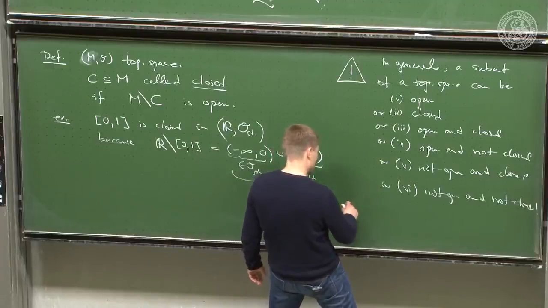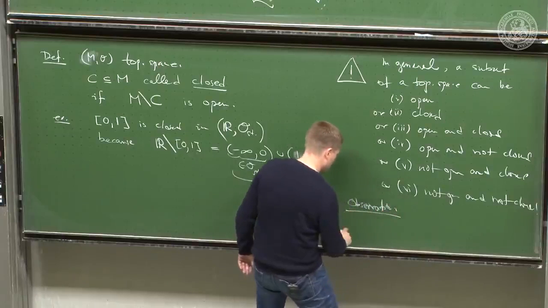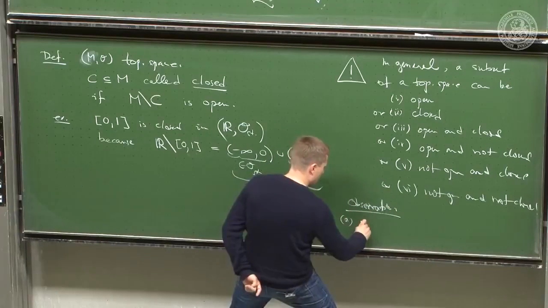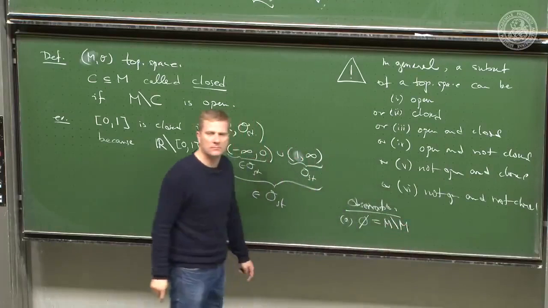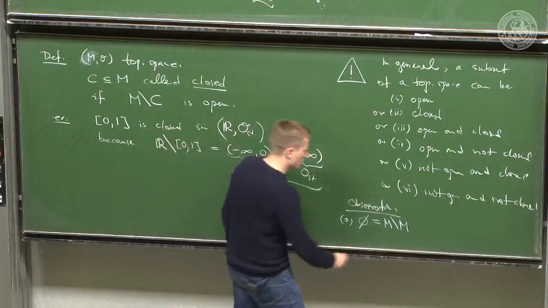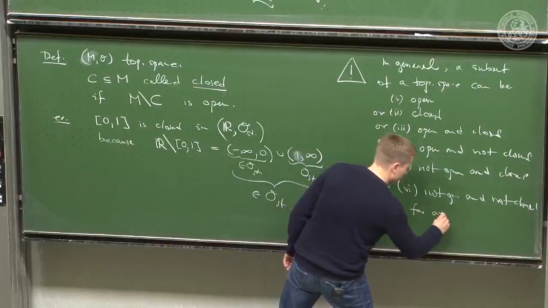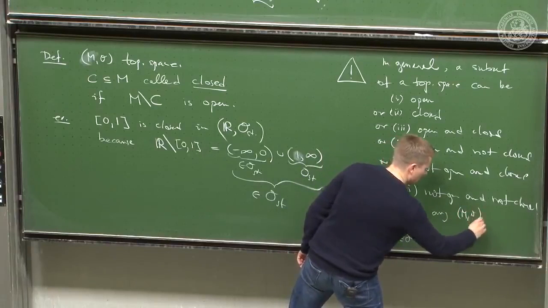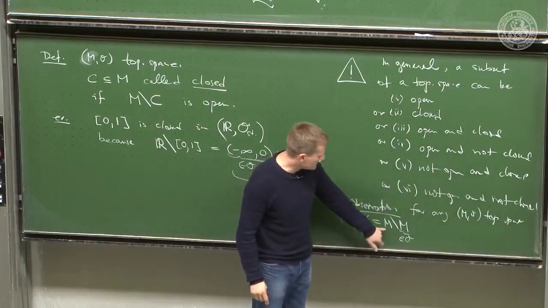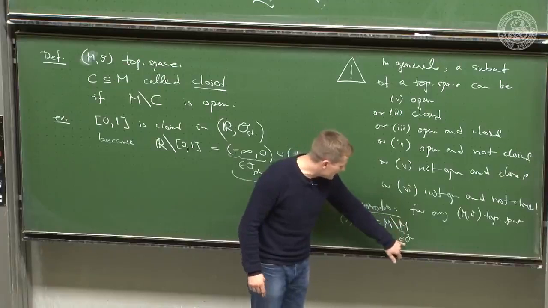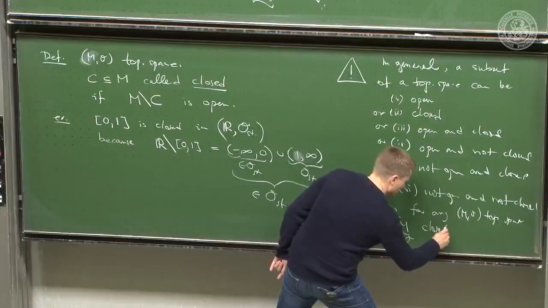However, observation A: the empty set can always be written as M without M. So for any topological space (M, O), the empty set can be written as M without M, but M lies in the open sets, so M without M is recognized to be closed.